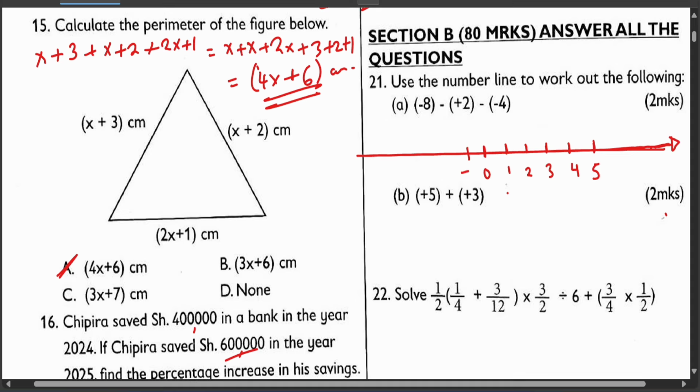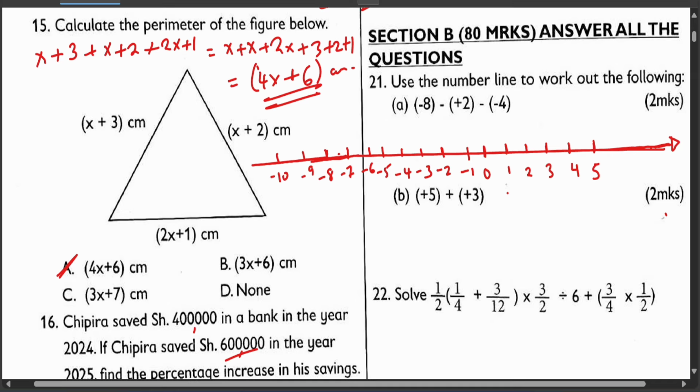Then you have -1, -2, -3, -4, -5, -6, -7, and -8. You can also increase a little bit. I'm not using a ruler. So -9, -10.